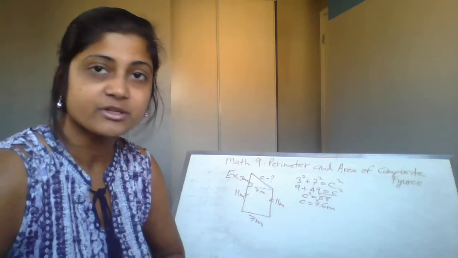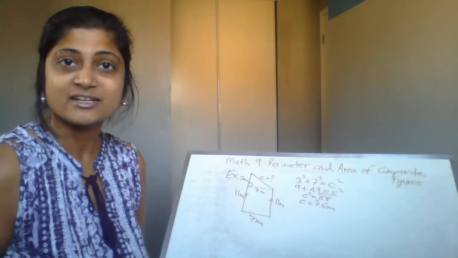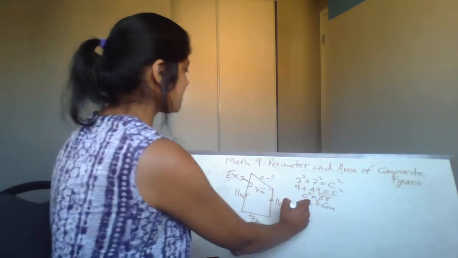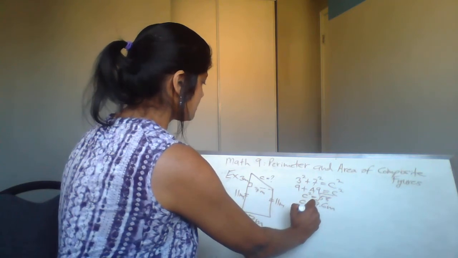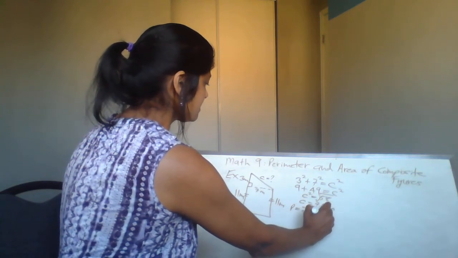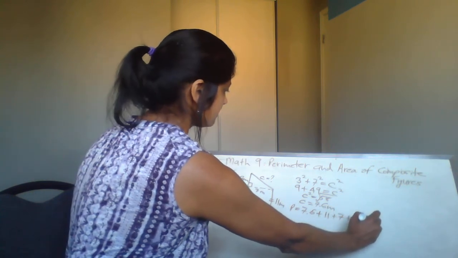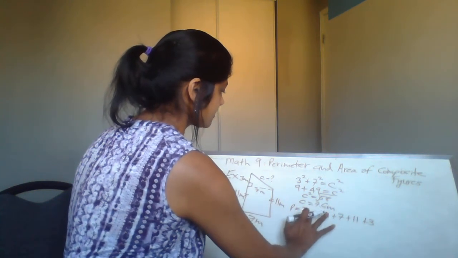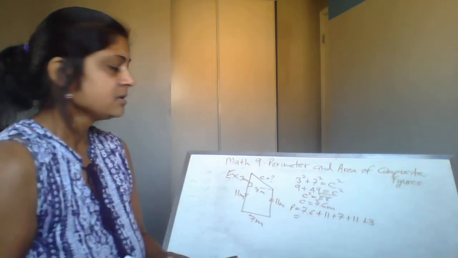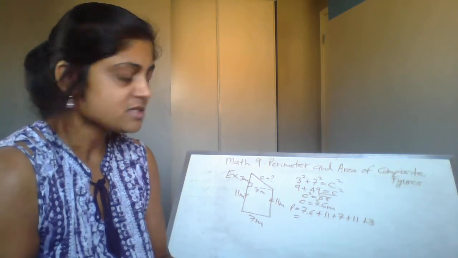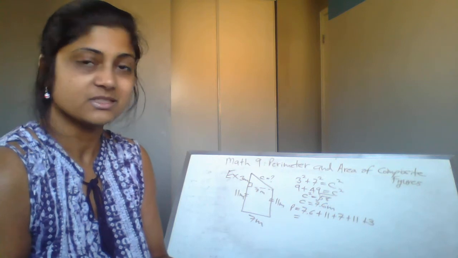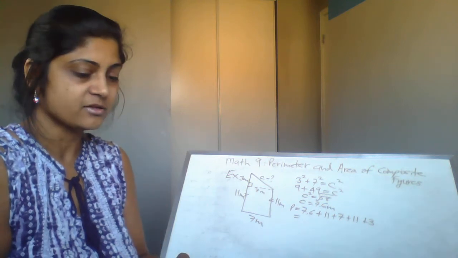We are looking for the perimeter, so now we can just add all the sides together, because I know all the unknown sides. So 7.6 plus 11 plus 7 plus 11 plus 3. And still show this one step, so P equals, and basically all of the side lengths that I'm adding together.